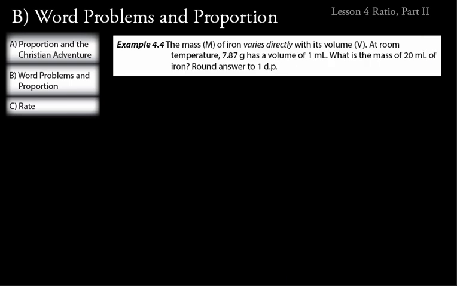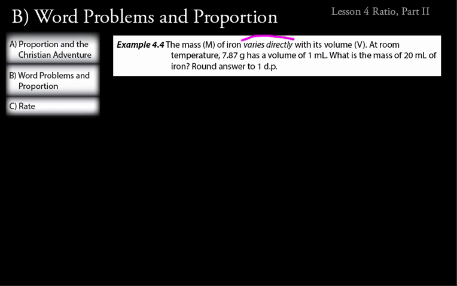Let's do another one. The mass of iron varies directly with its volume, and at room temperature 7.87 grams has a volume of 1 milliliter. What is the mass of 20 milliliters of iron? Round that to 1 decimal place. So how do you know this is a proportion? Well, here's a key phrase, varies directly.